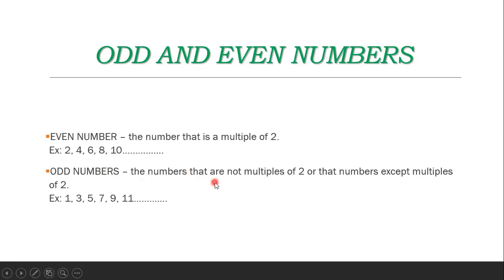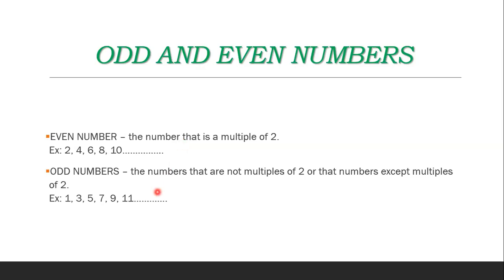Odd numbers are the numbers that are not multiples of 2, like 1, 3, 5, 7, 9, 11. So these are the odd numbers. Simply, even numbers are the numbers which have 0, 2, 4, 6, 8 in the ones place. These are even numbers.